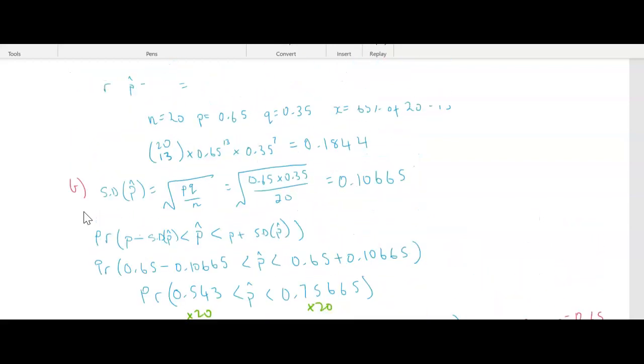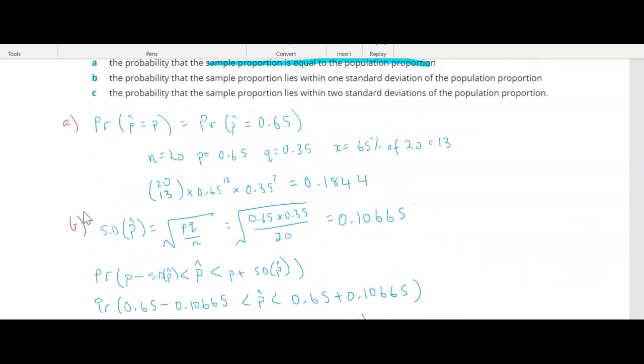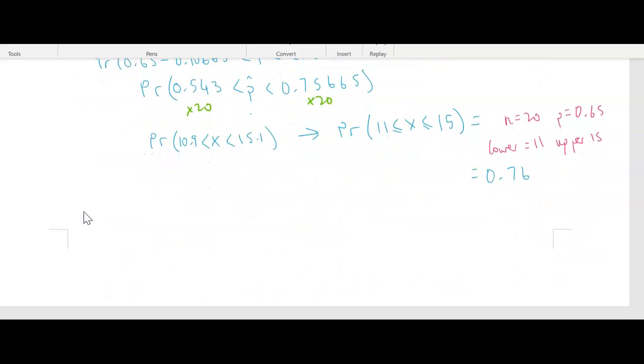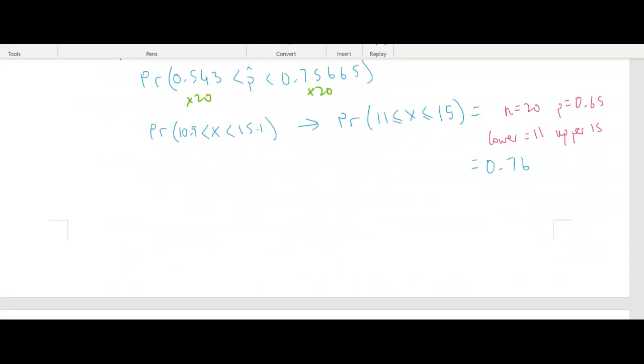All right, for part C, I'm assuming we're doing 2 standard deviations. Yep, we are. Now, we've done a lot of the calculations already, so I'm just going to write the notation. So we want to be between 2 standard deviations below and 2 standard deviations above.